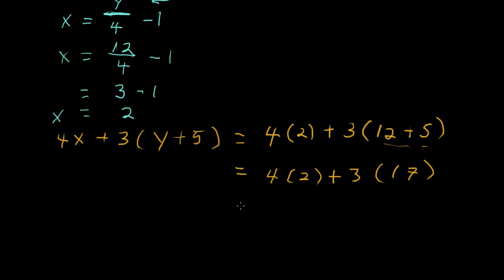Now, what do we have left? Well, we have a multiplication, an addition, and a multiplication. So we do our two multiplications. So 4 times 2 is 8. And then plus, we're not doing the plus yet. 3 times 17 is 51.